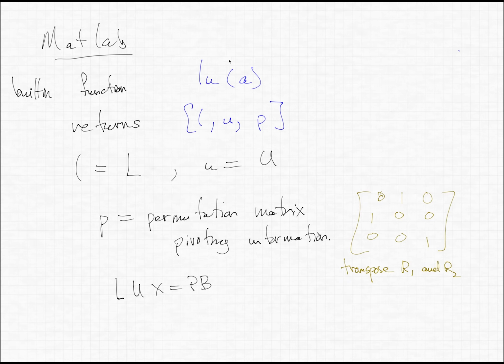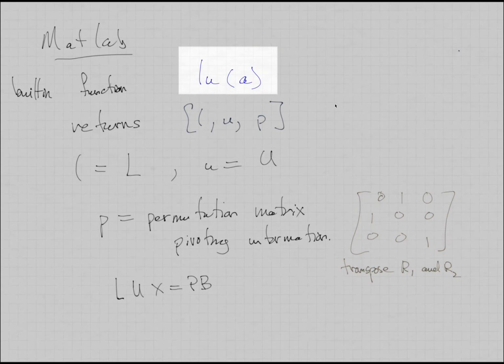Finally, let me comment on how you do this in MATLAB. In MATLAB, there's a built-in LU function, and you give it a matrix, and it will automatically produce a decomposition of A into L times U. Sometimes it requires pivoting. The example I did earlier didn't involve any pivoting, but in general, recall that sometimes it's necessary to pivot when you do row reduction.